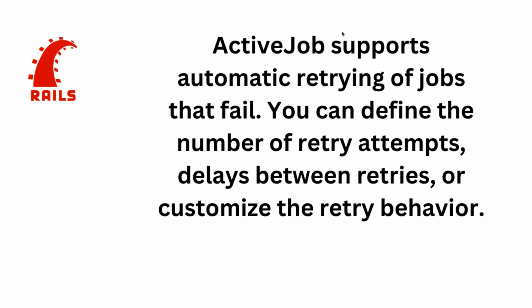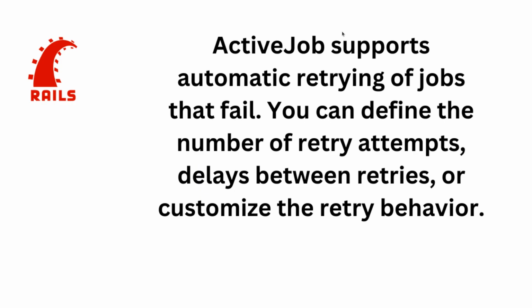Now, active jobs support automatic retrying of jobs that fail. You can define the number of retry attempts and delays between retries, or customize the retry behavior. It means that let's say in production, or at any level, maybe in development as well, your job fails due to some reason. Let's say there is a transaction rollback, or some Active Record error, or any kind of error.